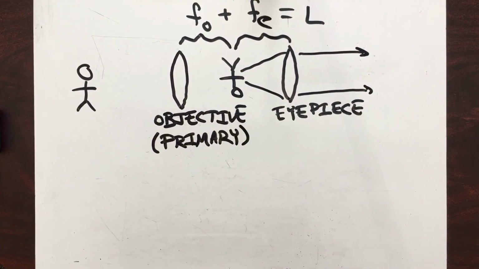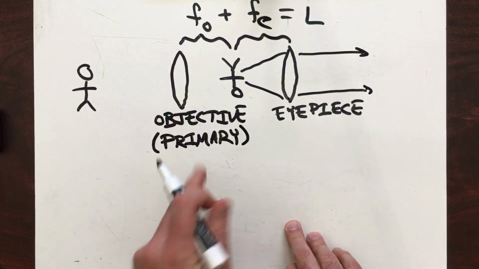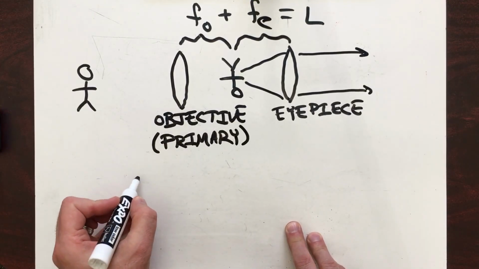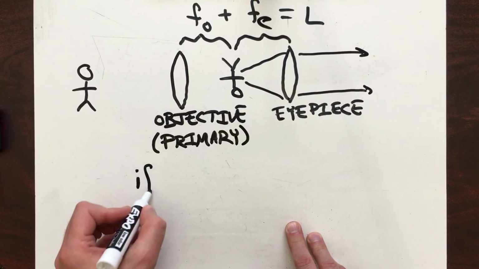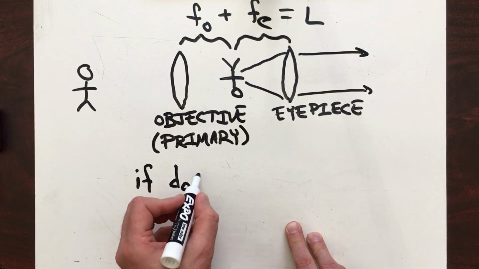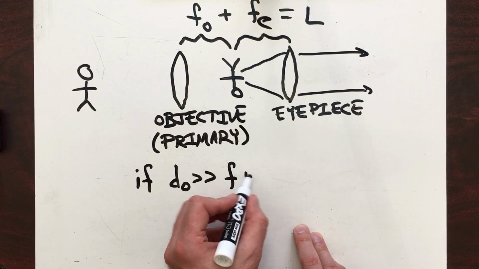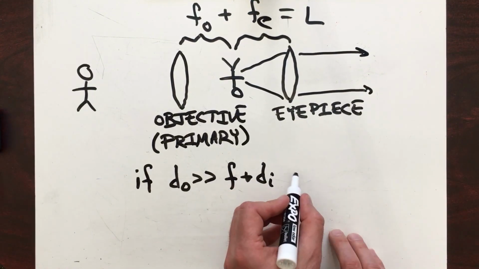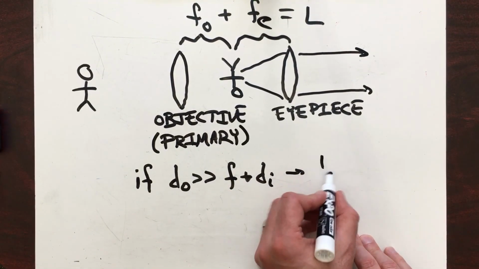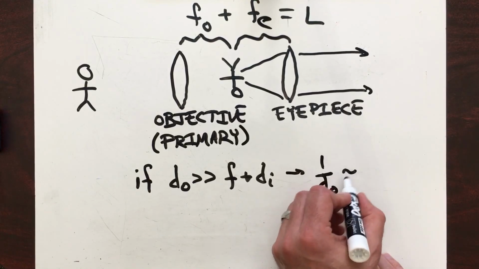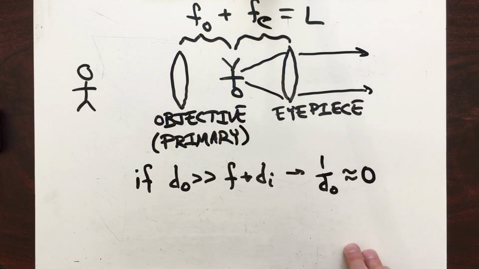Okay. First off, this approximation that if the object distance is much greater than the focal length and consequently the image distance, that means 1 over DO is approximately 0.